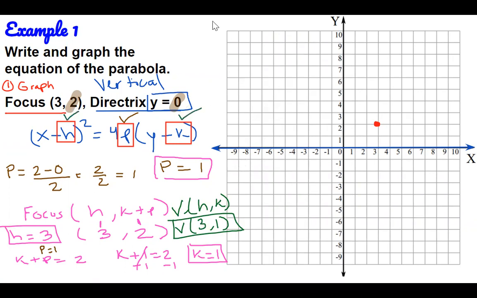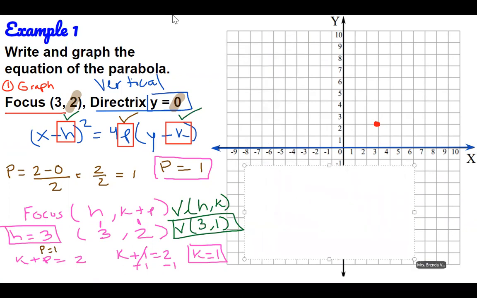All right. Let me create some space, down here. All right, my equation. What does my equation look like? (x minus h), h is 3, squared equals 4 times p, p is 1, (y minus k).